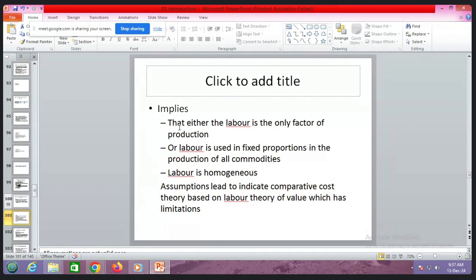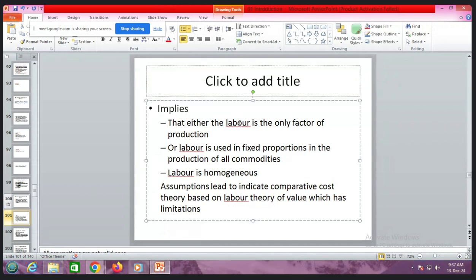So when we say that labor is not the only source of production, it can be other factors also. We also say that labor can be used in different proportions for producing different commodities, and labor is also heterogeneous.